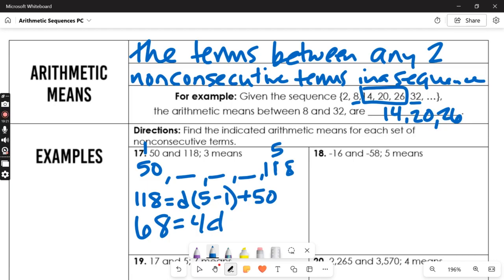And then dividing by 4, you have d is equal to 17. So then I can find those missing pieces by adding 17 each time. So this would be 67, and then 84, and 101.